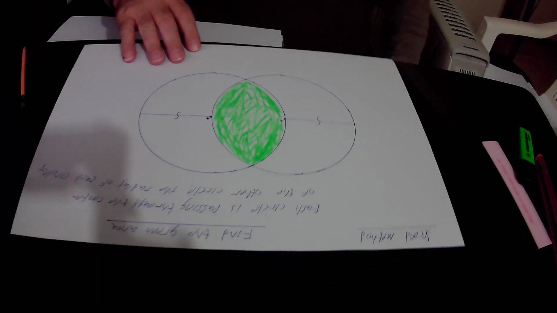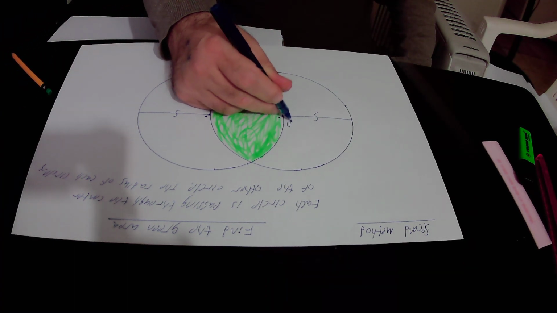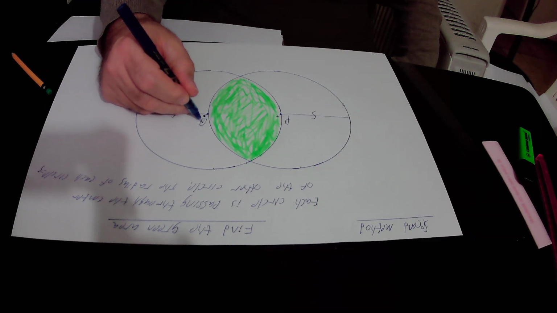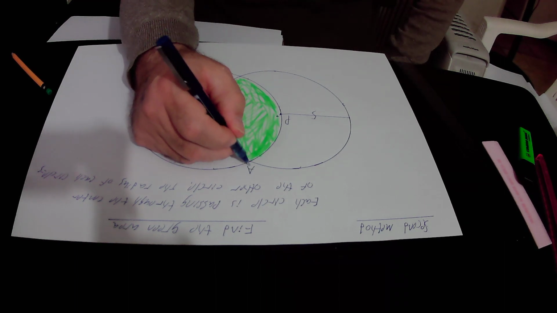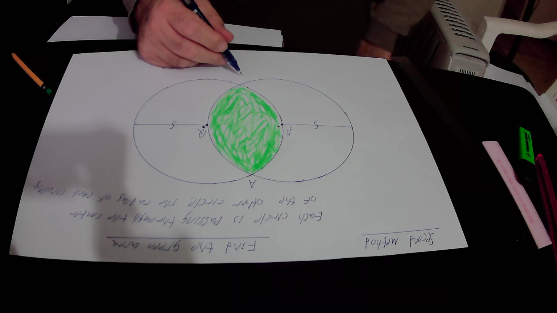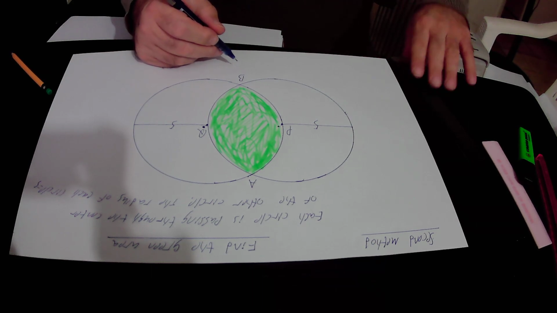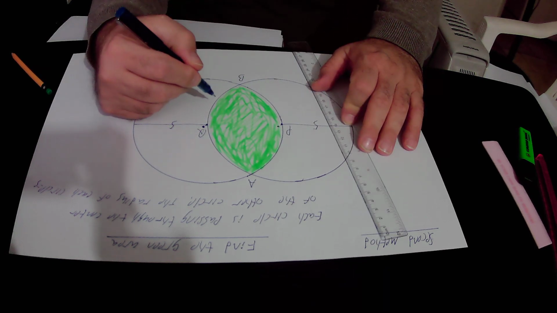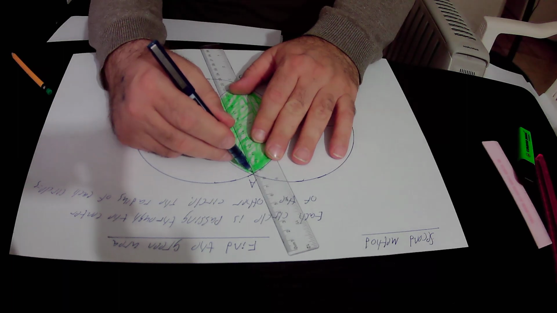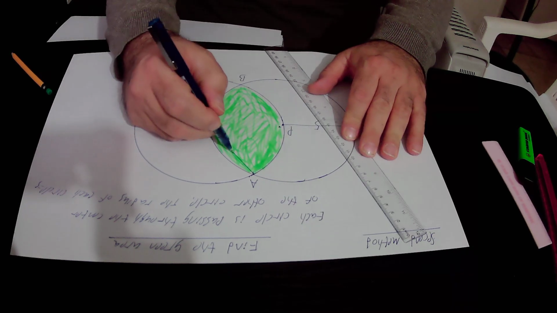So here we will define the center of this circle as P. We define the center of this circle as Q. We define the intersection point between the two circles as point A. And we define the second intersection point between those two circles as point B. We'll join together points A and Q, A and P, and B, P and Q. We know that AQ equals 5 units.